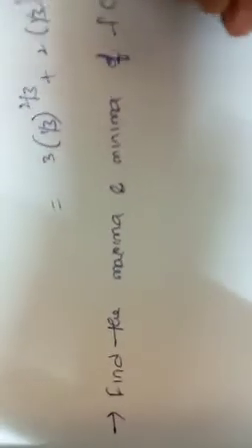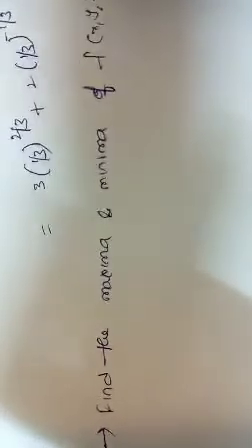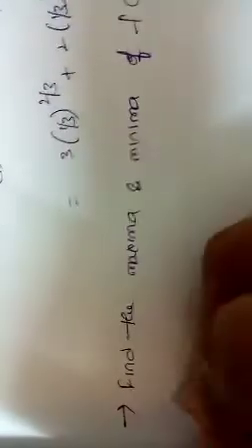Next one, find the maxima and minima. Find the maxima and minima of the function f of x, y, z equal to xy into 6 minus x minus y.